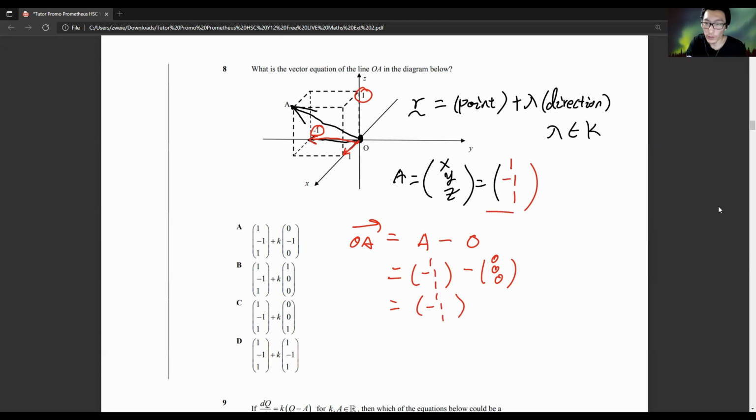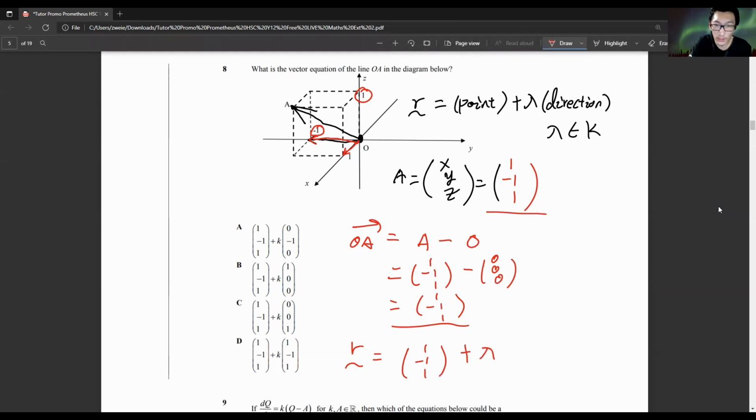We have the coordinates of the point, and we do have the coordinates of our direction. So putting it into our vector form, what we get is 1, -1, 1, which is my point, plus lambda, or in this case, they use k. So I'm going to change it into k, plus a constant k times our direction, which is still 1, -1, 1.